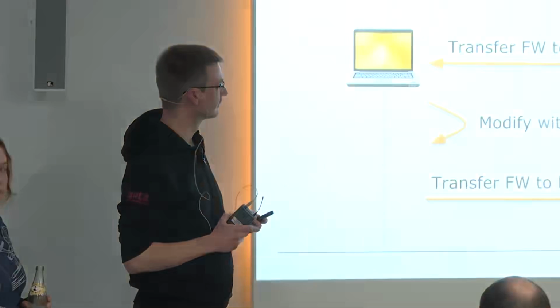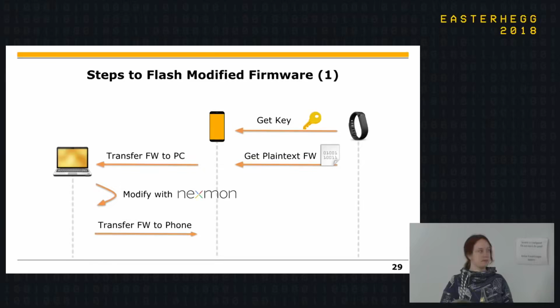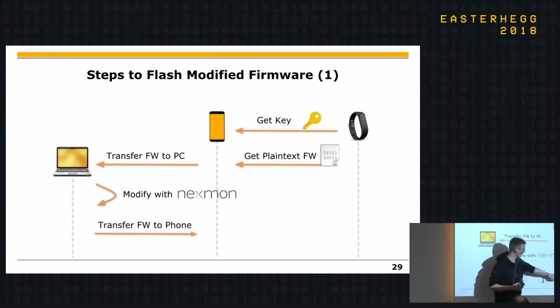So what we build is the following. On the right-hand side is your tracker. Then this is a smartphone app which we wrote by ourselves, and a PC which runs our modified Next1 framework. So in the first step, you would get the key from your tracker, then get the plaintext firmware, transfer the firmware to your PC, modify it with the Next1 framework, and then basically transfer it back to our app.